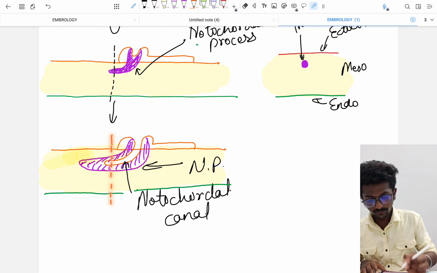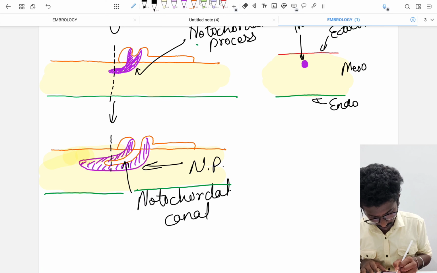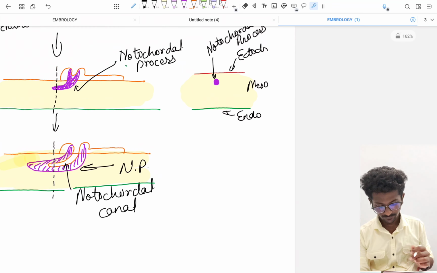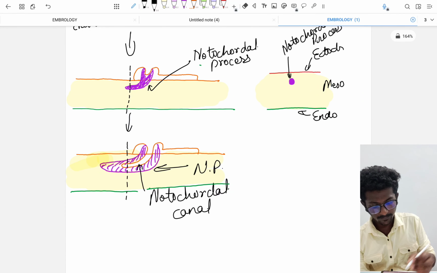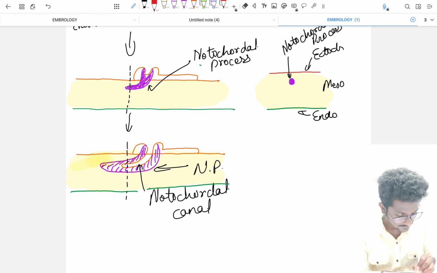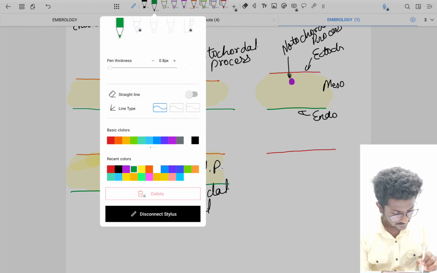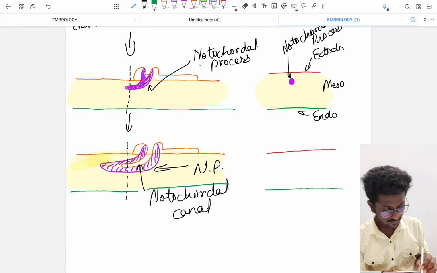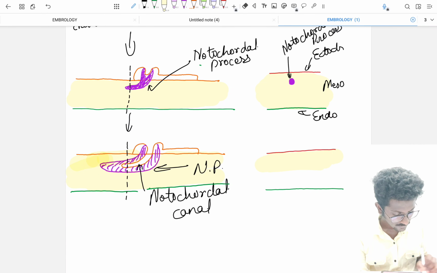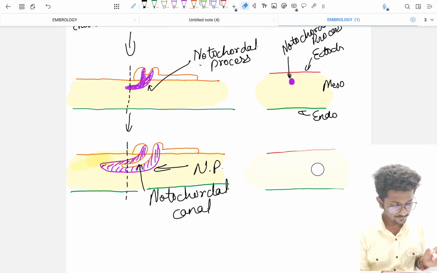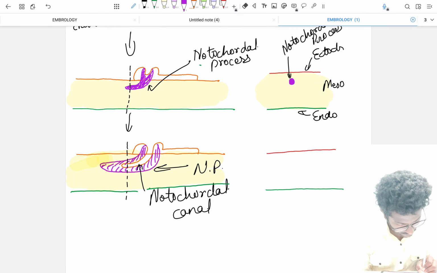Now again I will cut the same thing in this direction, in this diagram also, and draw it over here. It will appear a bit similar to that. This is the ectoderm, then you have this endoderm, in the middle you have this mesoderm, and in the mesoderm you have the notochordal process.